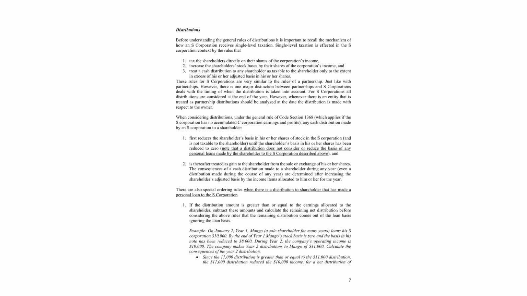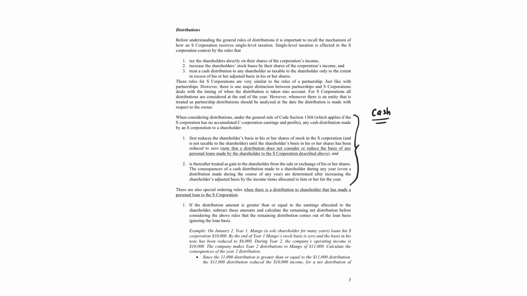Distributions are very similar to partnerships. We saw with partnership distributions that if your distribution exceeds your basis, you've got capital gain on that amount, unless it's hot assets and it's a complex distribution.